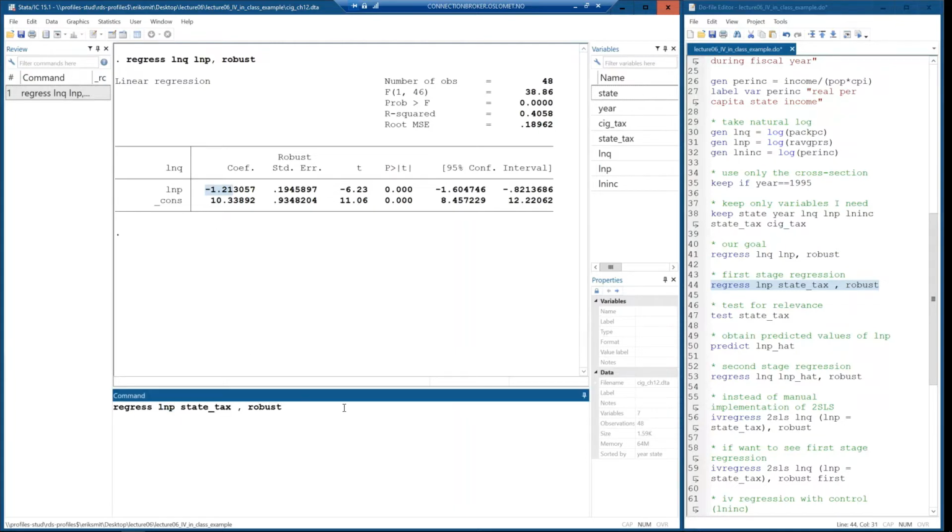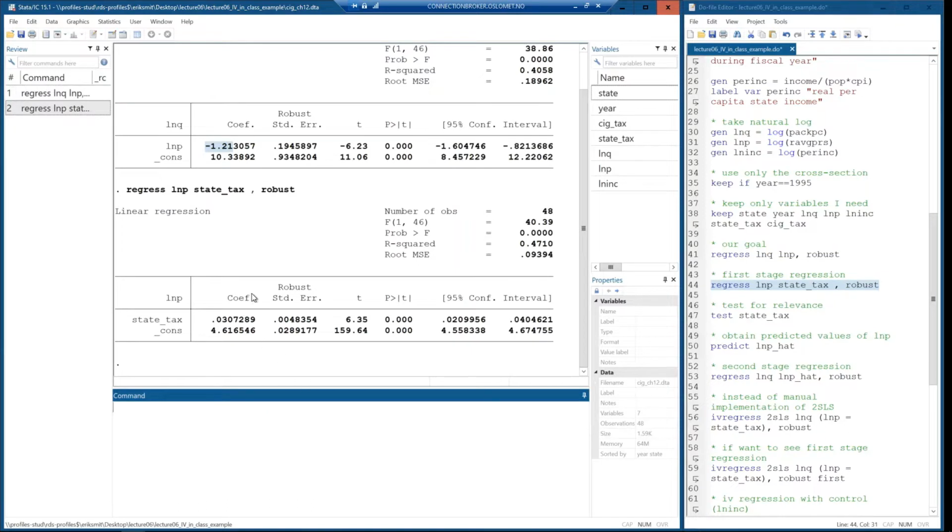So if we run this, we have the first stage regression, and we have the F statistic. We see that state tax actually explains a significant part of the change in the log price, and we see that the t value for the coefficient is above the critical value.